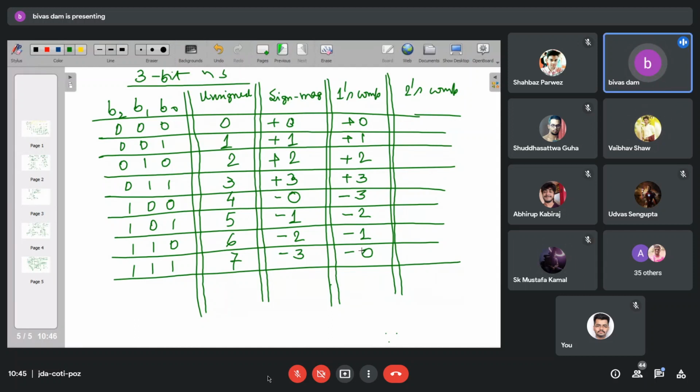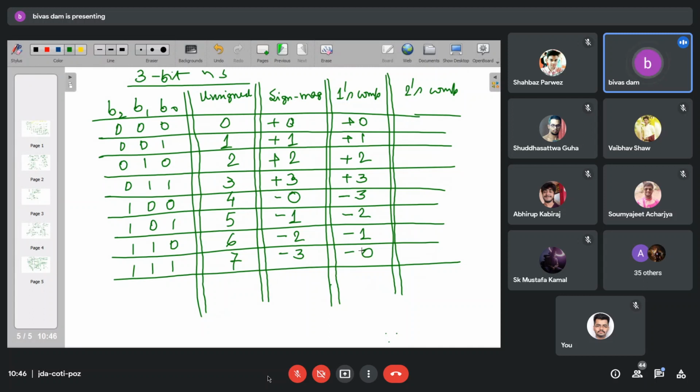Using these 8 distinct binary patterns, how many decimal numbers can you represent in unsigned form? 8. So all the binary patterns are utilized to represent one unique decimal number.